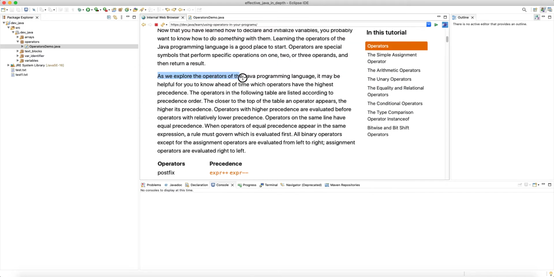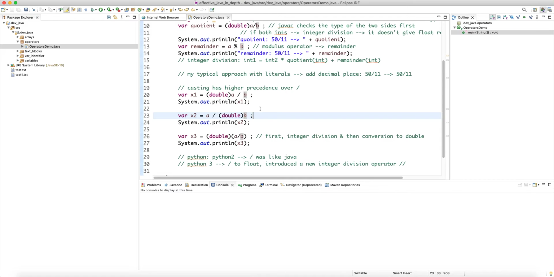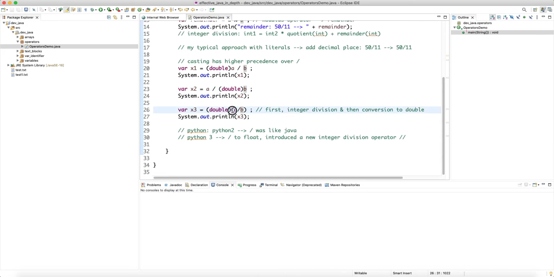As we explore the operators of Java programming language, it may be helpful for you to know ahead of time which operators have the highest precedence. So that's the concept of operator precedence, which means round brackets or parentheses always have the highest precedence, which means anything inside the round brackets is going to be evaluated first.